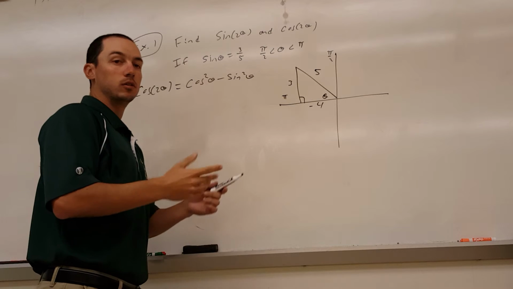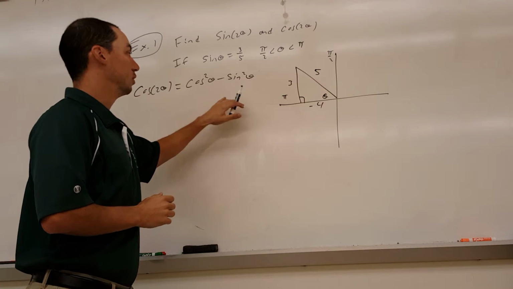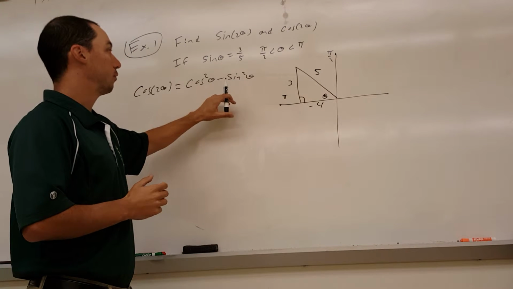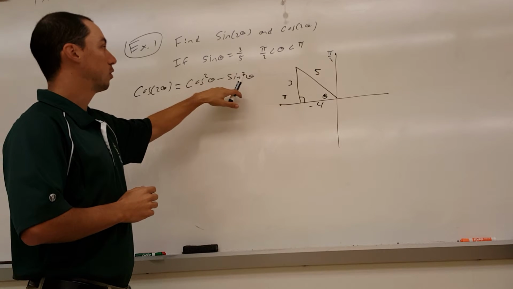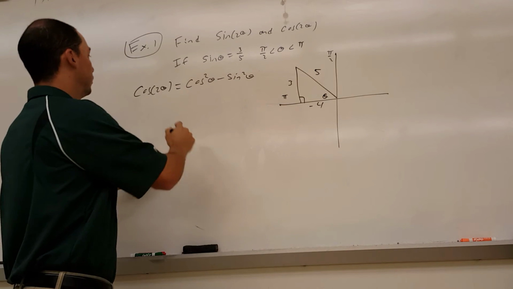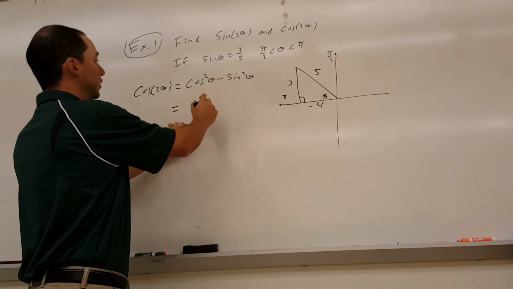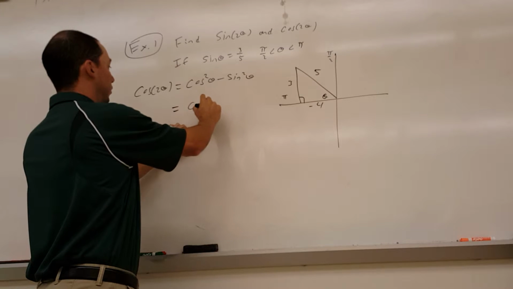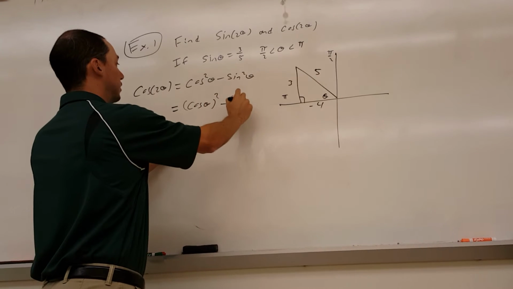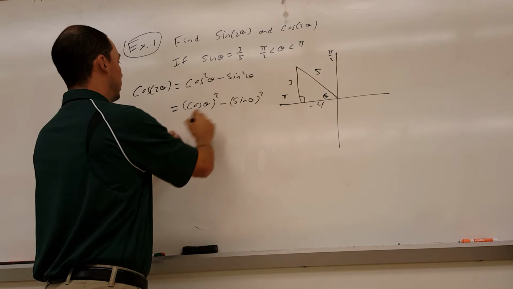Okay, so it's a matter of preference. You can use either formula, either one will work, all 3. Let's try this one since we know cosine and sine, because we had to draw a triangle before. Cosine theta squared, minus sine theta squared.